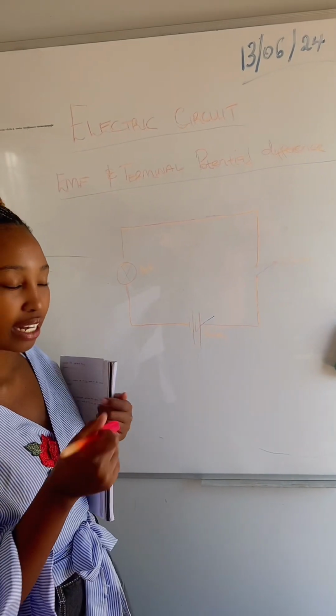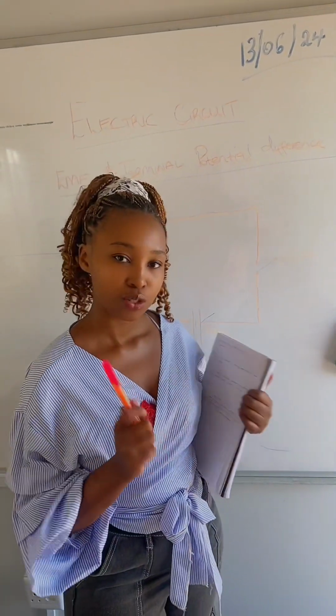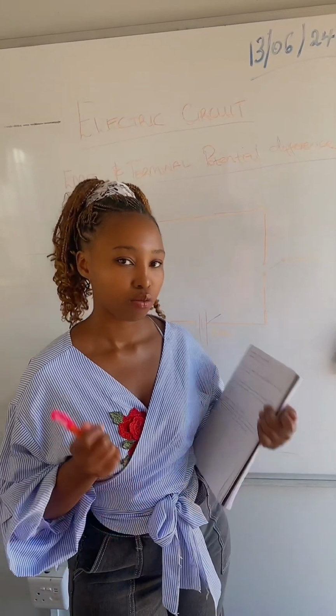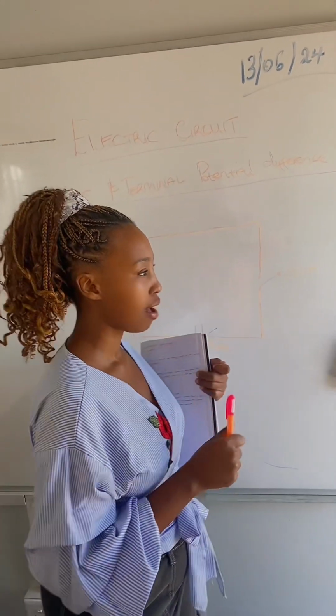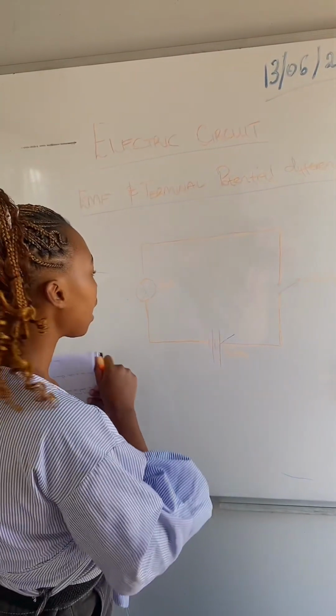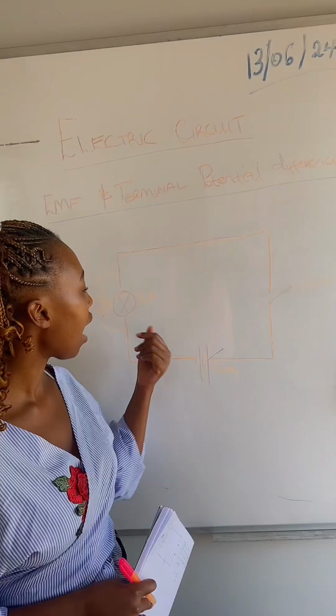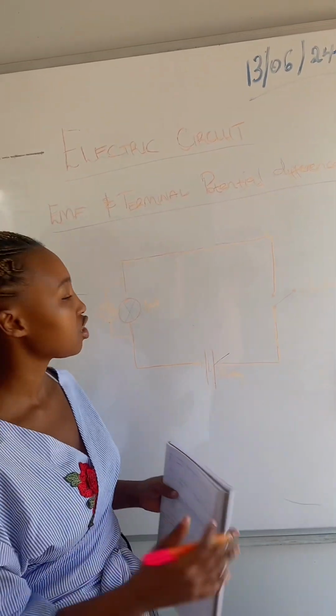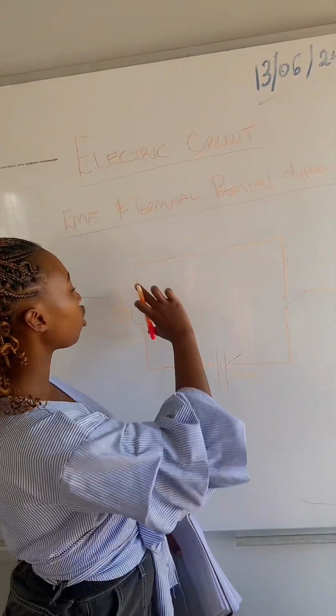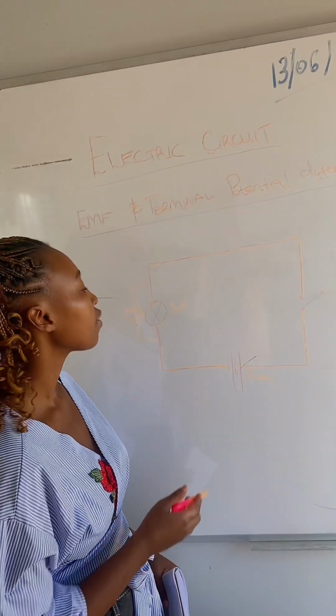So in this scenario, let's say we want to use our voltmeter to measure the amount of potential difference across our light bulb. Across our bulb, we are just simply going to connect our voltmeter across our bulb.